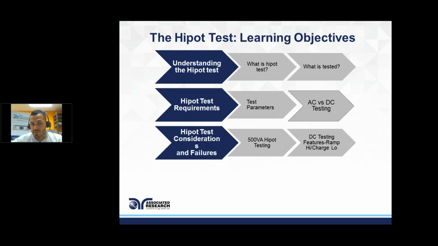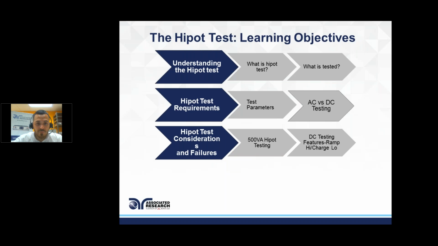So what will we cover today? Today we are going to discuss understanding the Hipot test, right? What is the Hipot test? What's its purpose? Then we'll talk about how it's performed, what's physically happening when I'm running a Hipot test, as well as understanding the parameters. What do the parameters mean? My limits, how do I set those limits? We will compare AC versus DC testing, right?